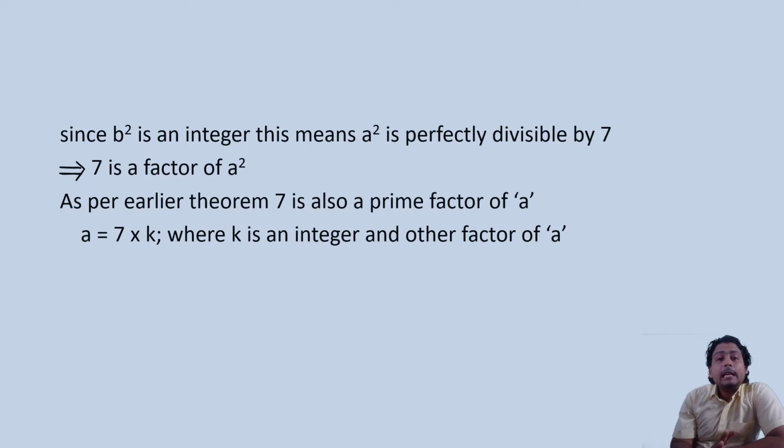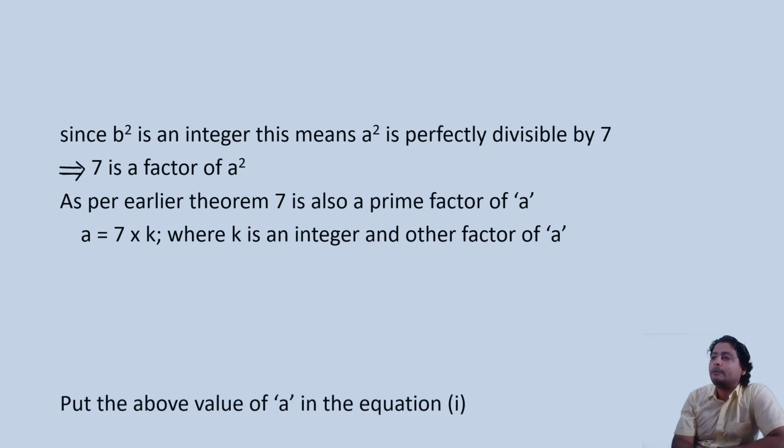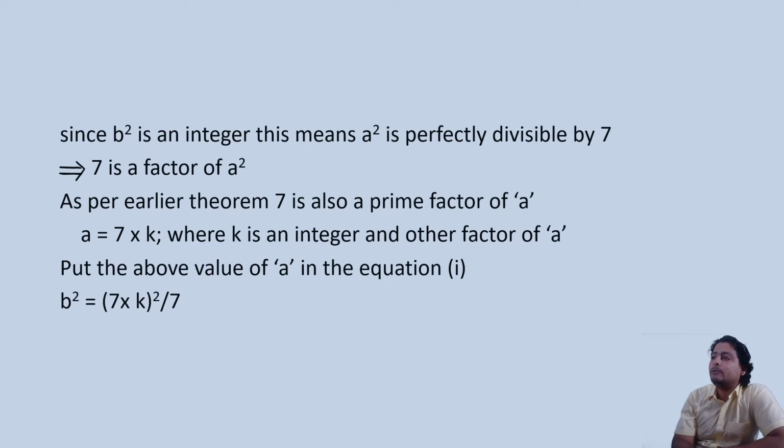Now remember that in the previous slide we have written equation 1 as b square is equal to a square by 7. Now this value of a equal to 7k we will put in equation 1, and after putting that in equation 1 we will get b square is equal to 7k whole square divided by 7.